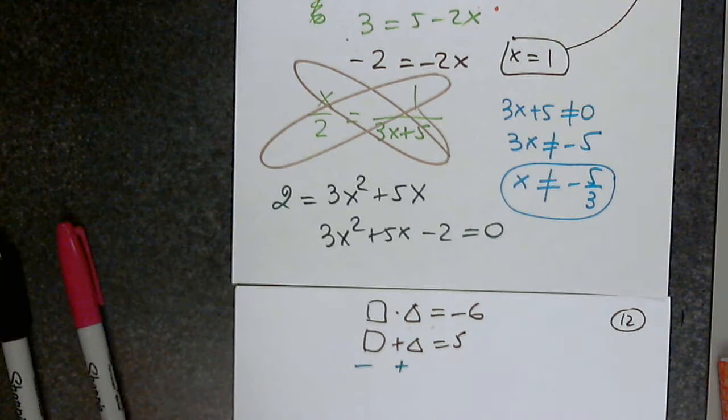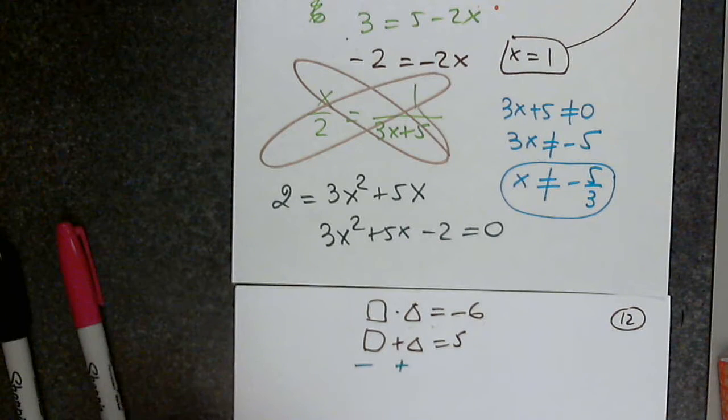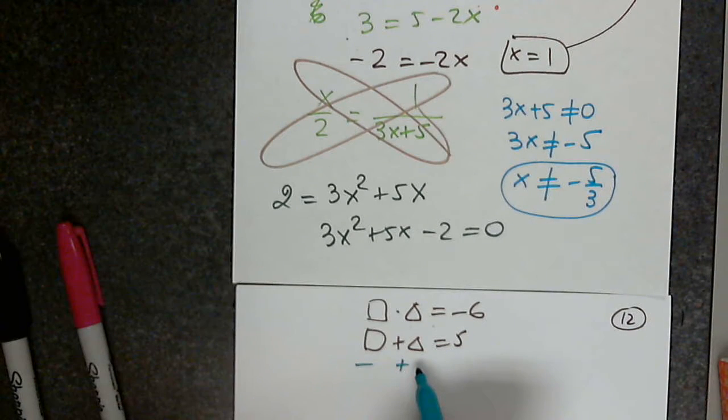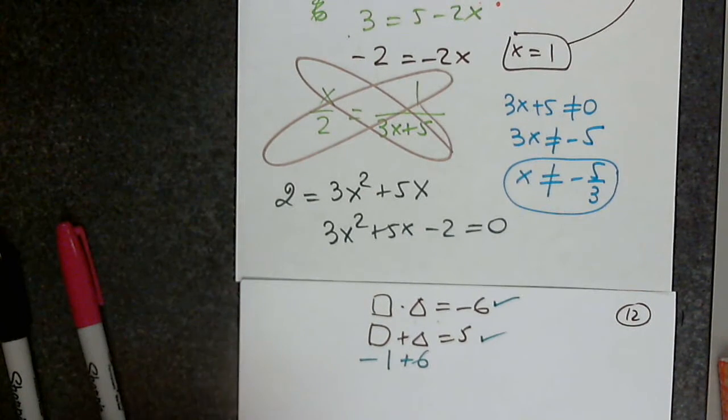And I need the product of -6. Since the sum is +5, I need the other one. If it's not 2 times 3, there is only one more chance to get a 6. 6 and 1. And the sum is 5. Product is -6, sum is 5.